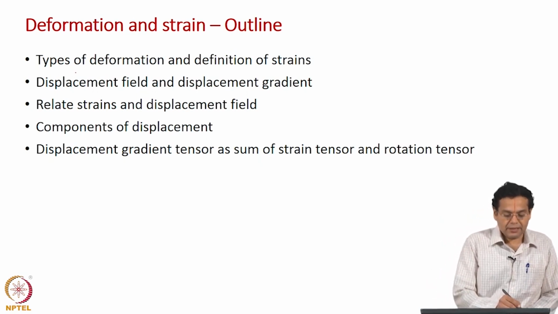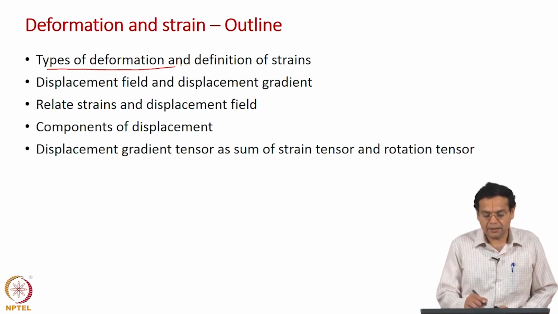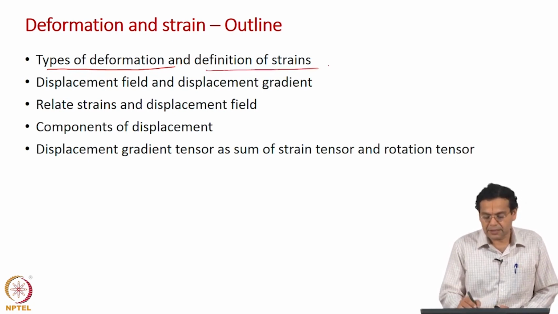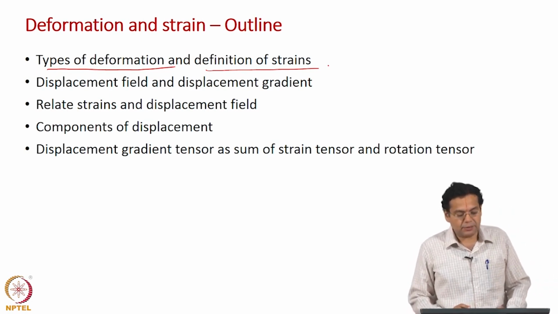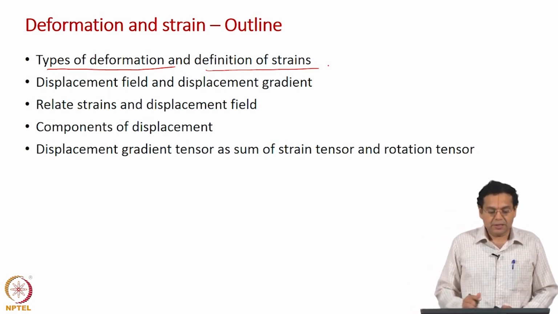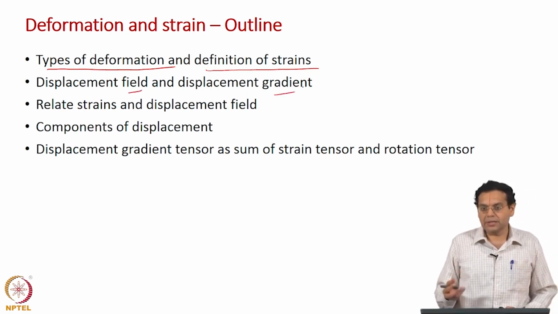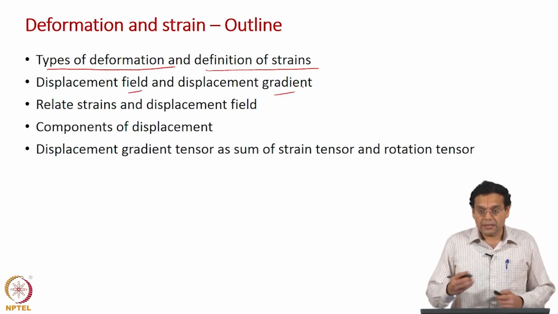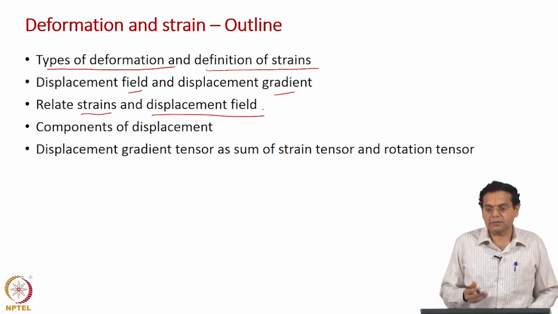We defined the types of deformation, either change in length or change in angle, and their measures are called strains, namely normal or shear strain. And we found that they are related to the displacement field. So, we discussed displacement field, displacement gradient, 1D, 2D and then 3D. Then we related the strains to the displacement field in terms of displacement gradient.